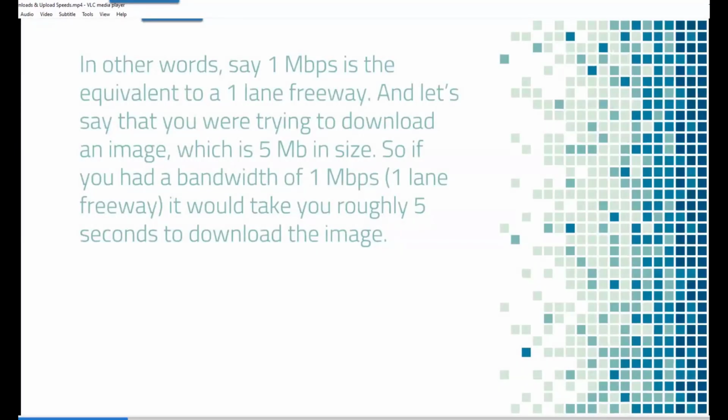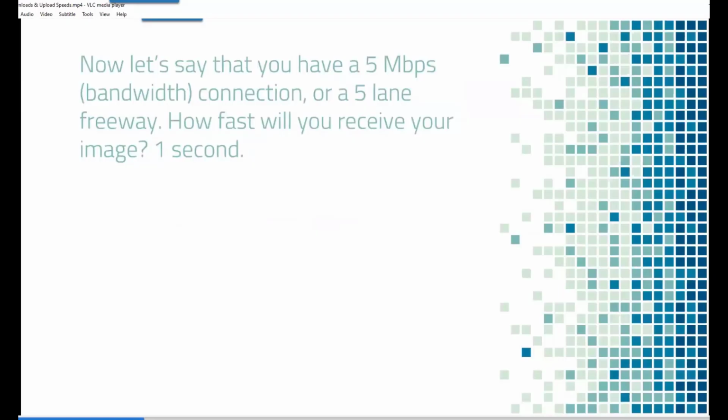In other words, say 1 megabit per second is the equivalent of 1 lane of freeway. And let's say that you were trying to download an image which is 5 megabytes in size. So if you had a bandwidth of 1 megabit per second, 1 lane freeway, it would take you roughly 5 seconds to download the image. Now let's say you have 5 megabits bandwidth connection or a 5 lane freeway.